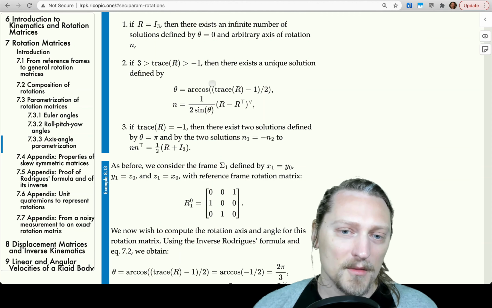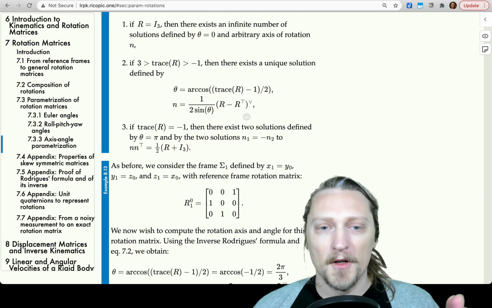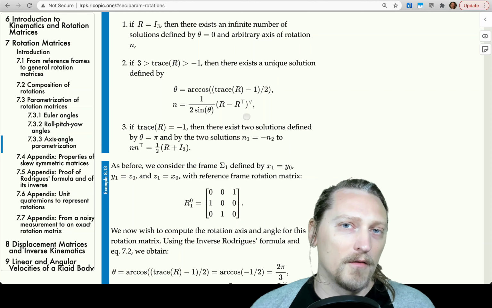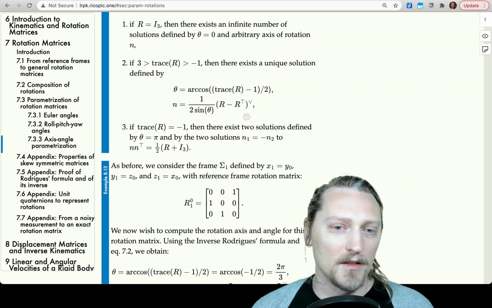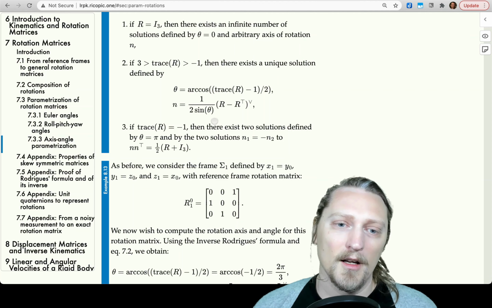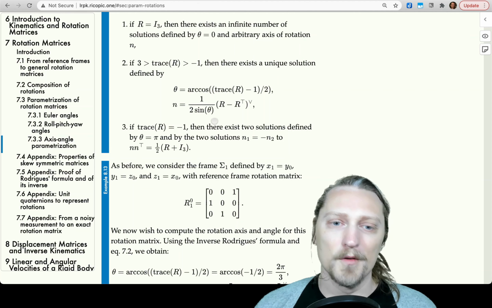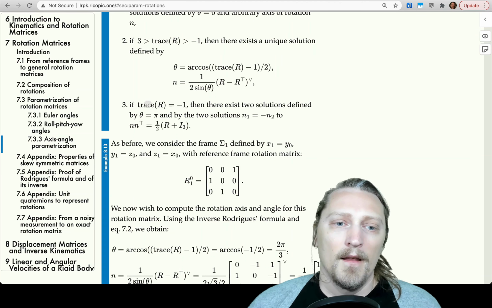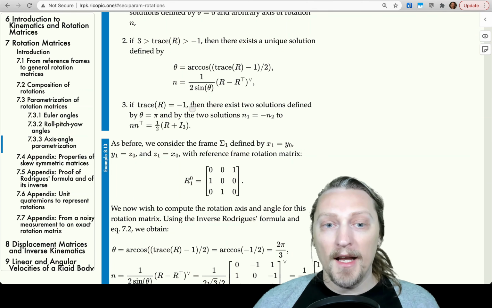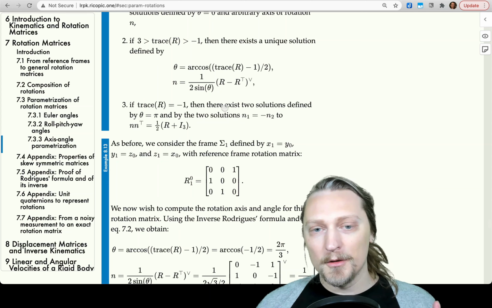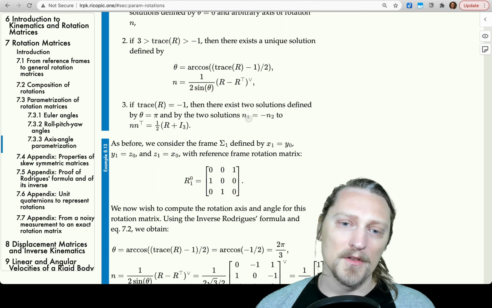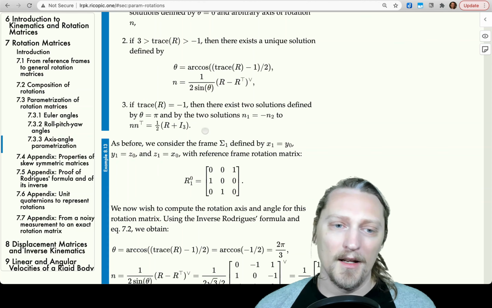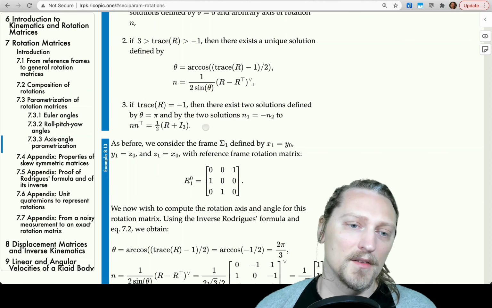We're going to take that skewsymmetric matrix and convert it into a vector, a unit length vector that defines the axis n within a factor 1 over 2 sine theta. 3. If the trace of R is equal to -1, then there exist two solutions defined by theta equals pi, and by the two solutions n1 equals -n2, and n transpose is equal to this.